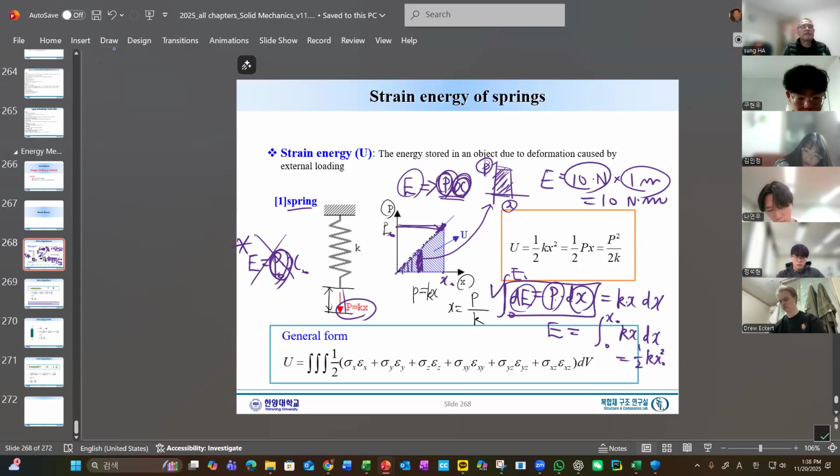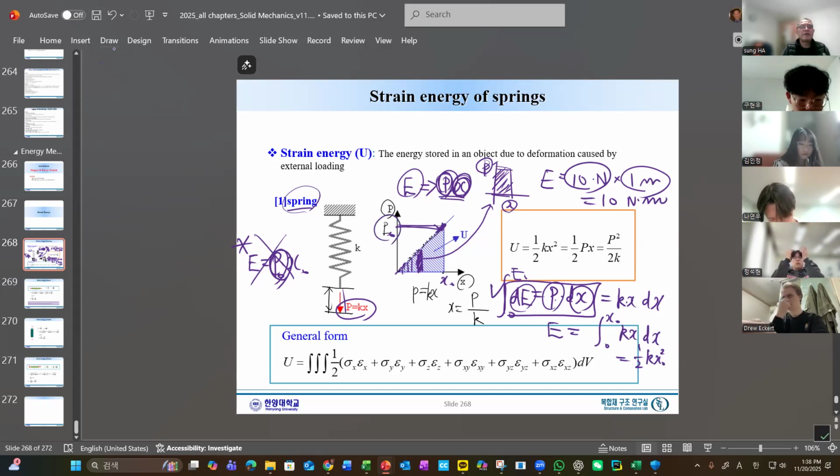I'm sure this is not the first time you hear about the strain energy of a spring and things like that, but you guys often get confused by the final status at a certain level.